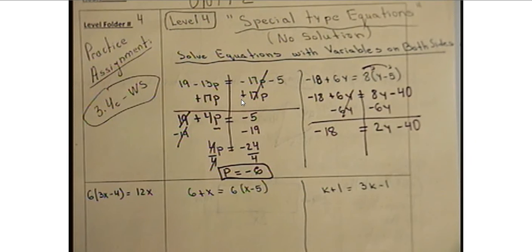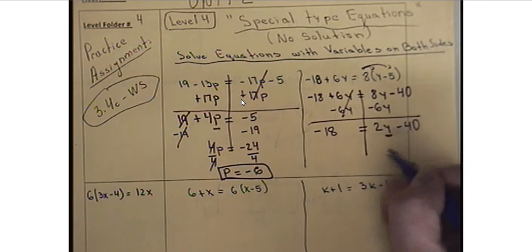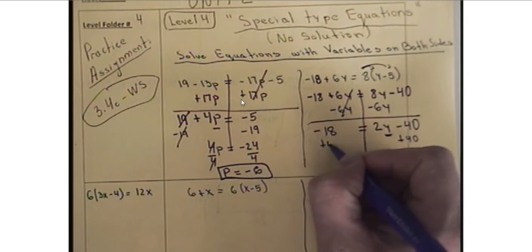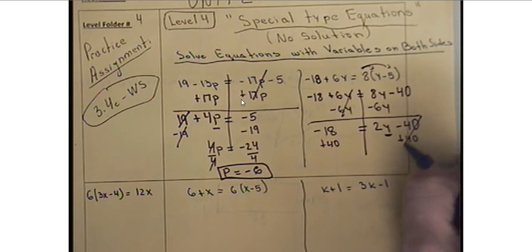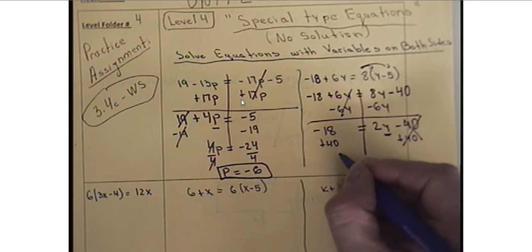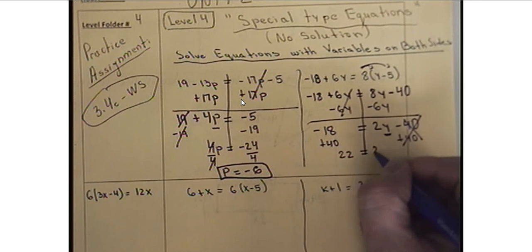Okay, so now because we're solving for variable y, you want to remove negative 40. We want to cancel that. So the opposite will be plus 40 on each side. Those two cancel. Negative 18 plus 40 will give us 22 equals 2y.